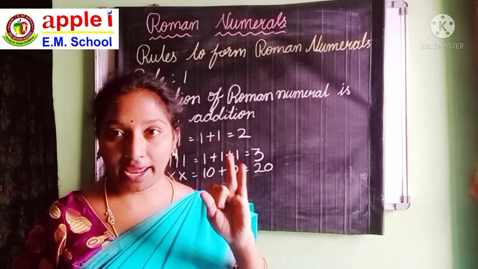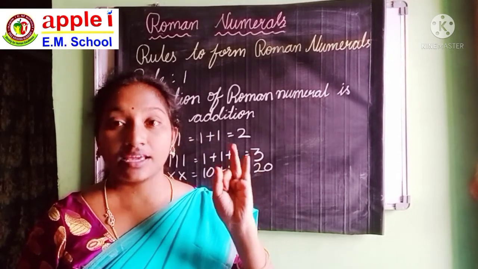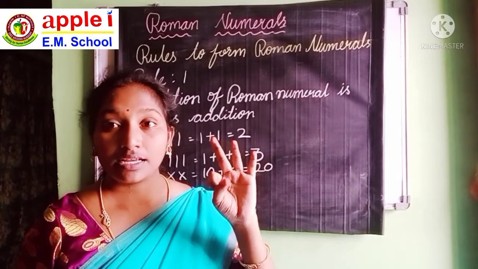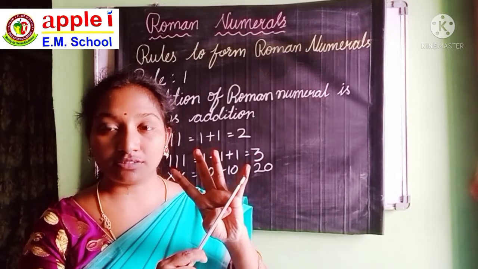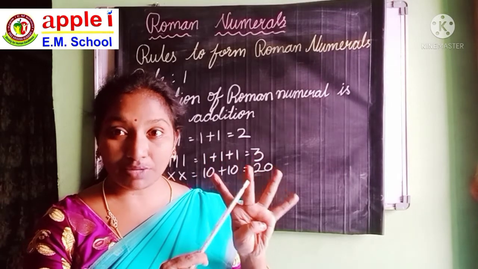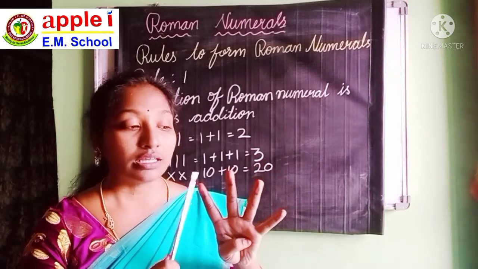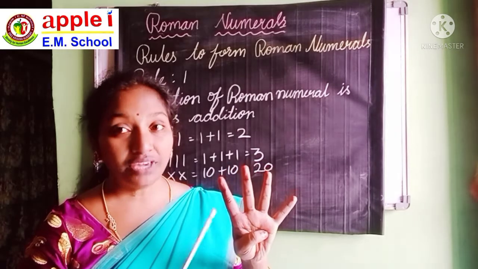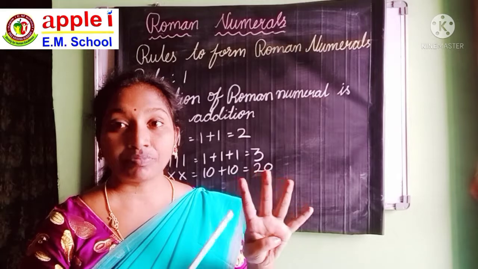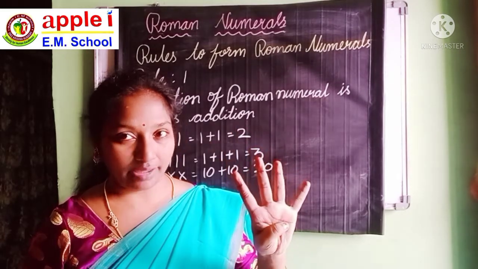I, X, C, M. I means 1, X means 10, C means 100, M means 1000. These four we can repeat, but we can repeat them a maximum of 3 times.